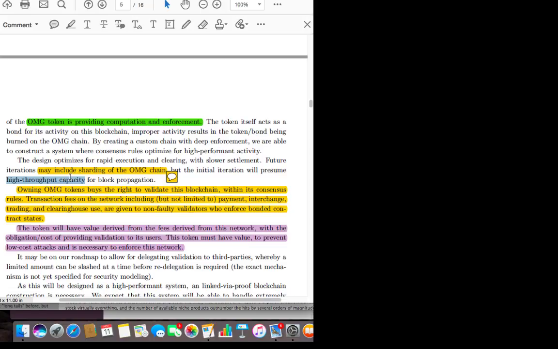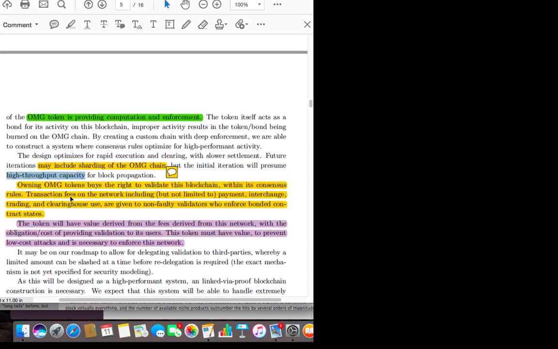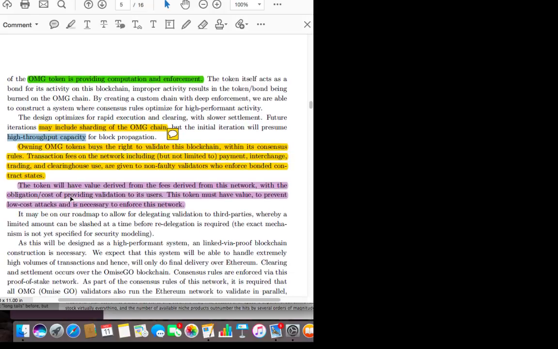Okay. So owning Omisego tokens buys the right to validate this blockchain within its consensus rules. Transaction fees on the network, including but not limited to payment, interchange trading, and clearinghouse use, are given to non-faulty validators to enforce bonded contract states.